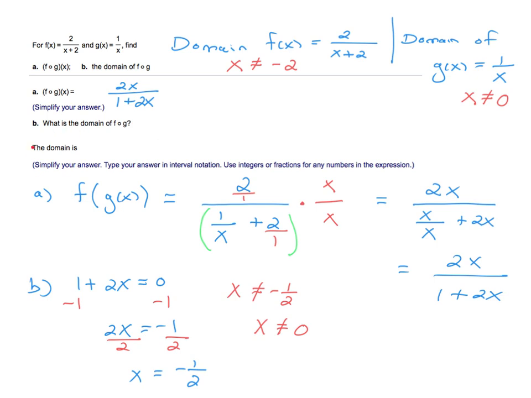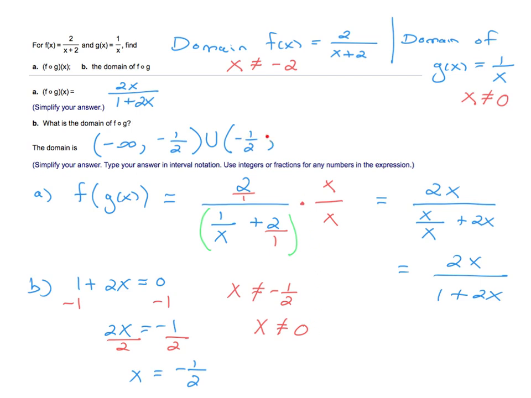To actually enter in this answer, we're going to use interval notation. So here's what that would look like. The interval is going to be everything from -infinity up until we get to this first value of -1/2. So I'll put -1/2. I'll use an open parenthesis to indicate that I don't want to use that value. I'll use the union symbol and then put -1/2 here, like this. But we can't go to positive infinity because once you get to the number 0, you're not allowed to use that one either.